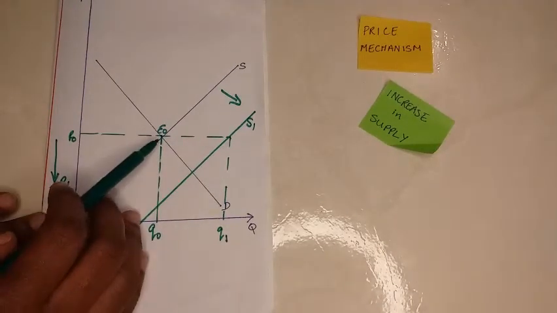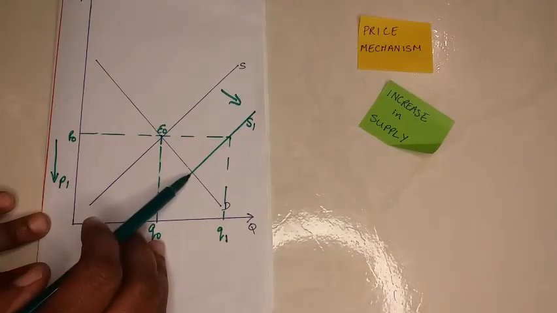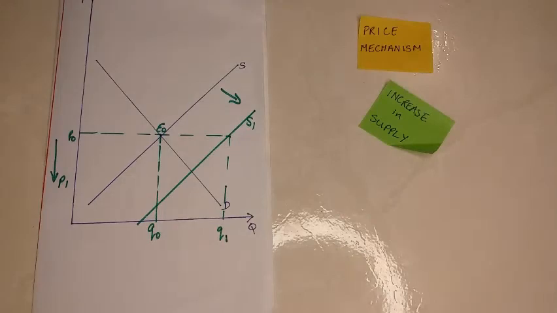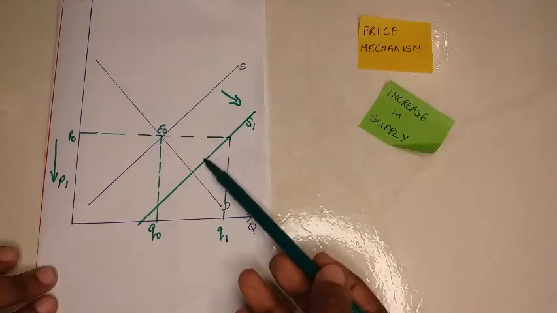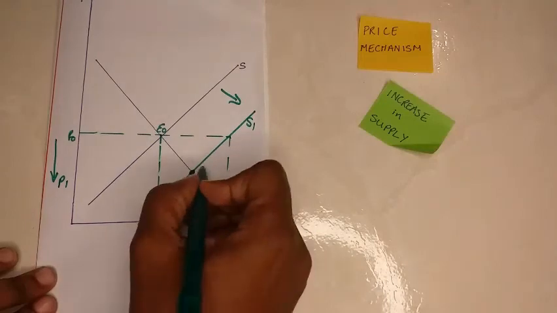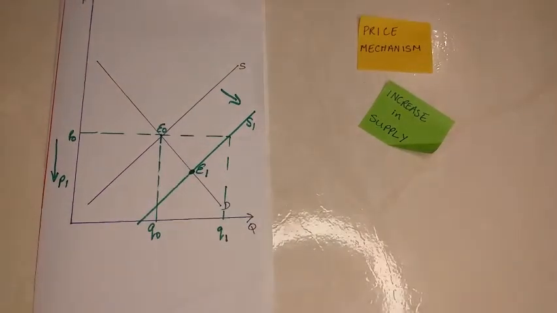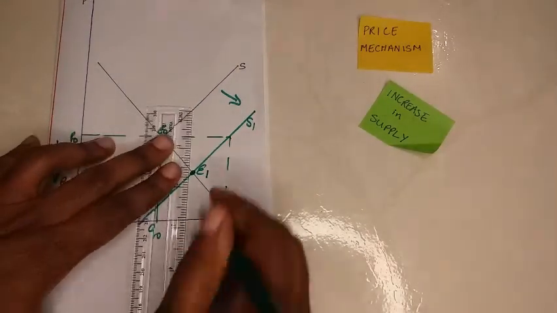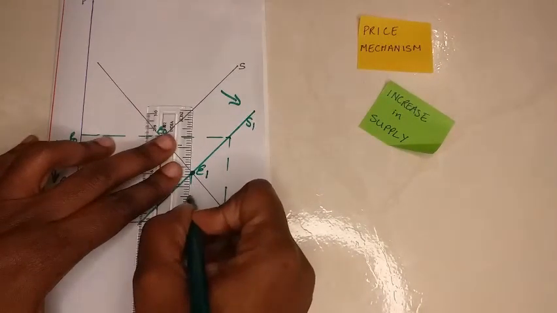So notice we have an expansion along the demand curve. And at the same time, when price falls, it tells suppliers to produce less. And so we have a decrease in quantity supplied. And this happens until demand and supply intersect again at this new equilibrium output and price combination E1.